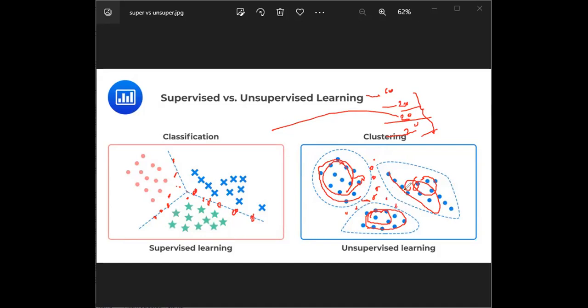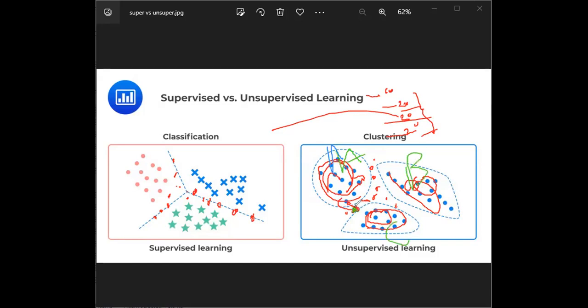There are so many types in unsupervised learning, like k-means clustering and KNN, that is k nearest neighbor. It checks the distance. We call these points a, b and c, with similar colors.